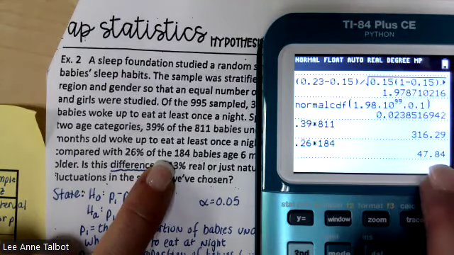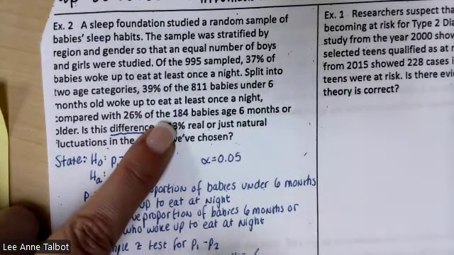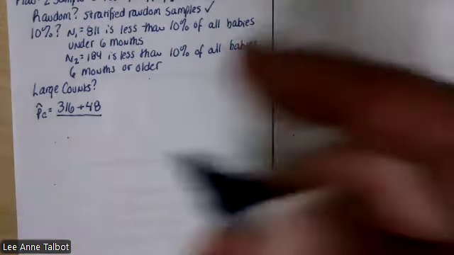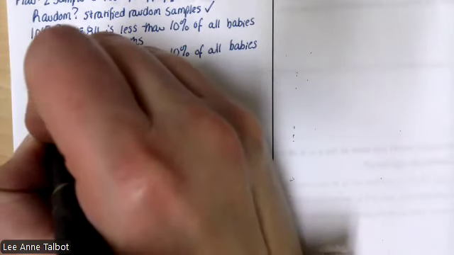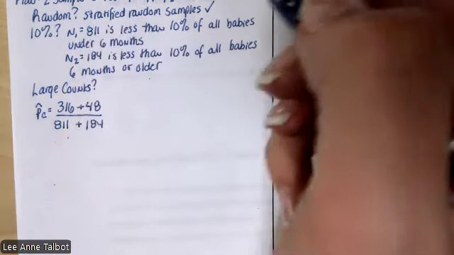That's about 48 babies. And then there were 811 total babies and 184 total babies.